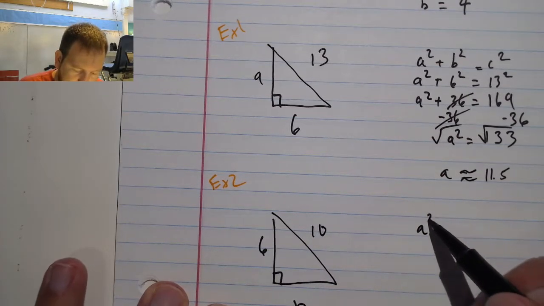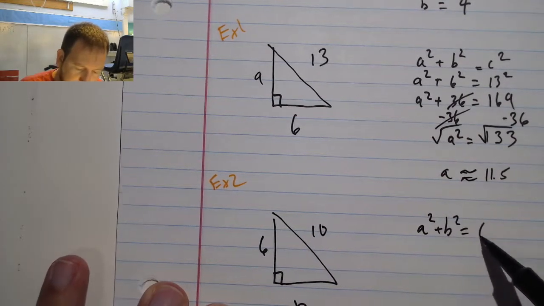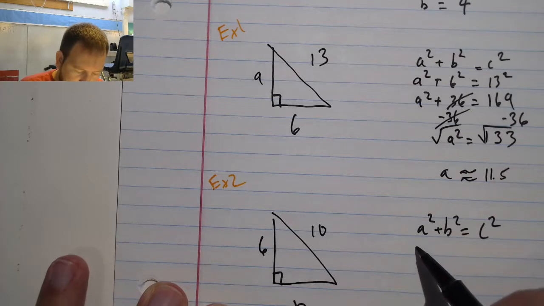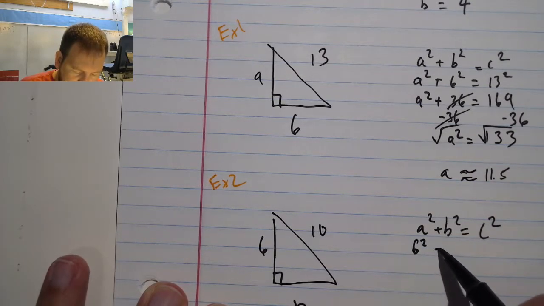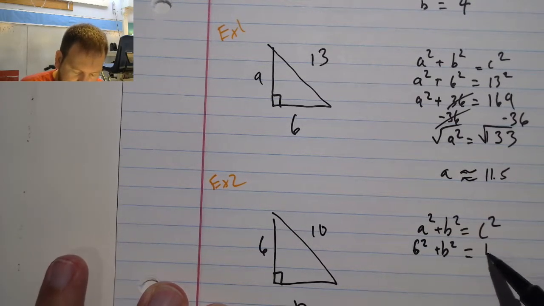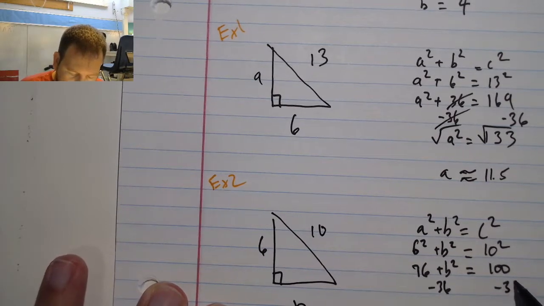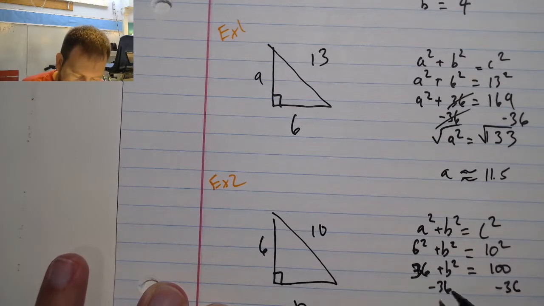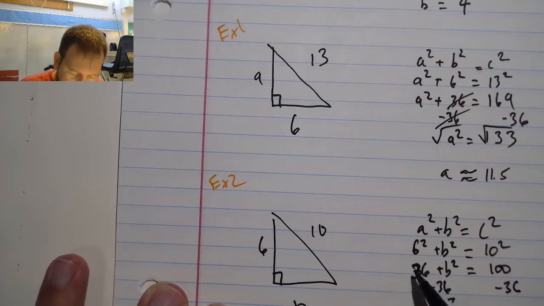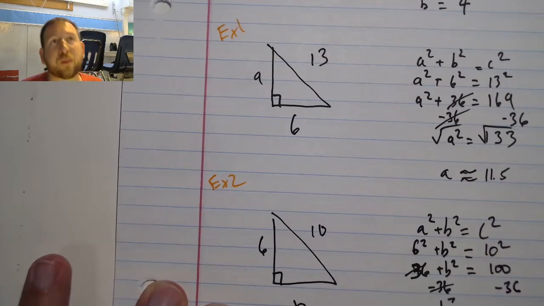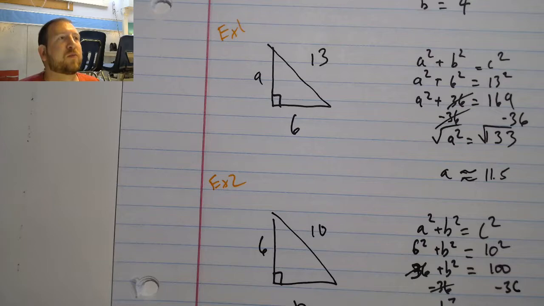Okay, let's go. A squared plus B squared equals C squared. 6 squared plus B squared equals 10 squared. 36 plus B squared equals 100. Subtract 36 from both sides. And we have B squared equals 100 minus 36, which is 64.